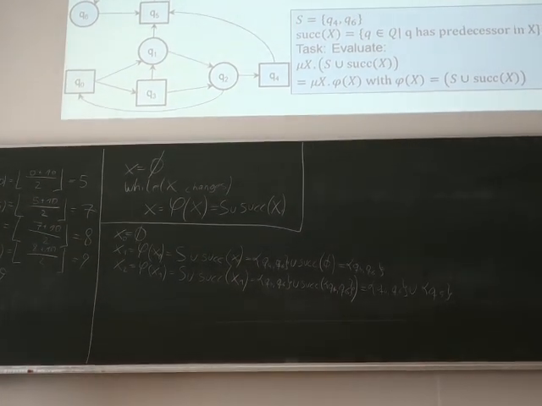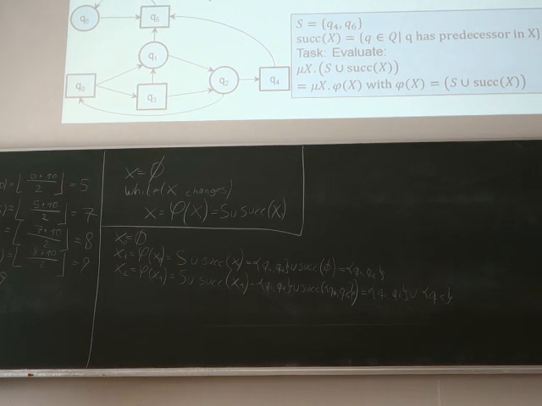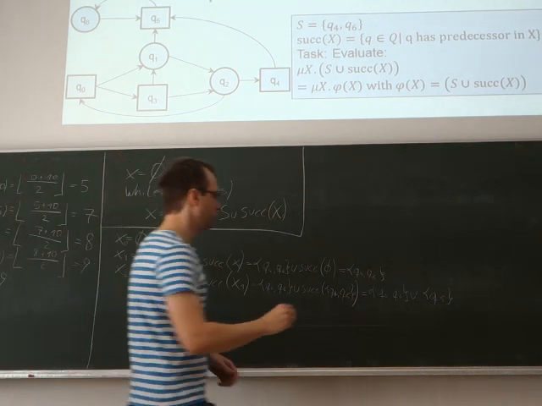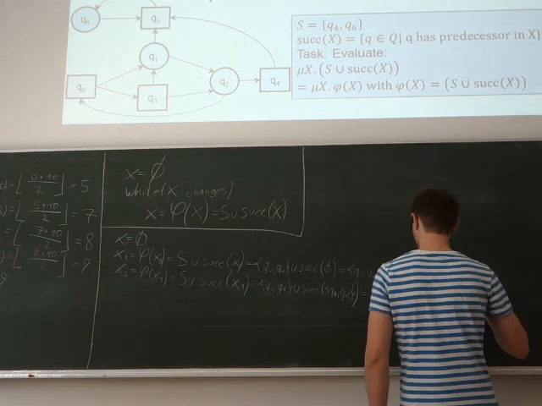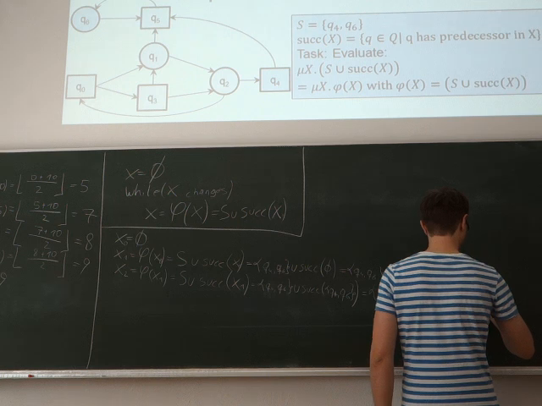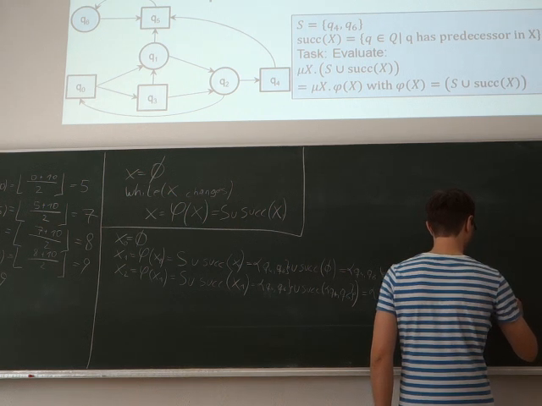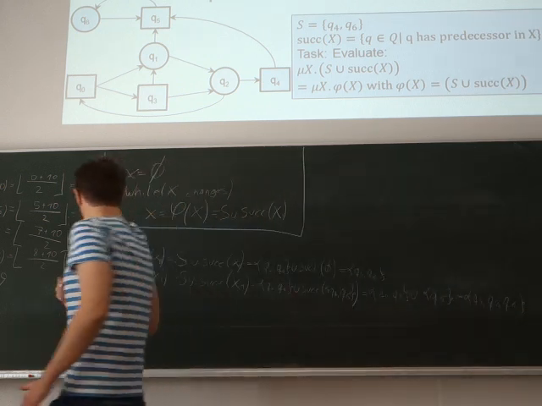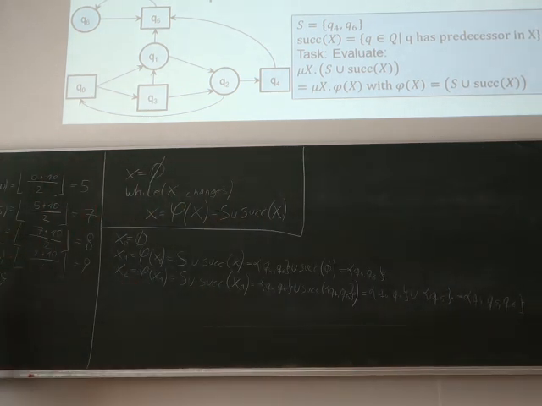So the set of successors of these two states contains only this state. So as a result, we obtain here Q4, Q5, Q6. This was the next iteration.